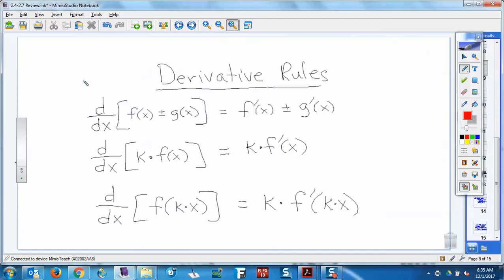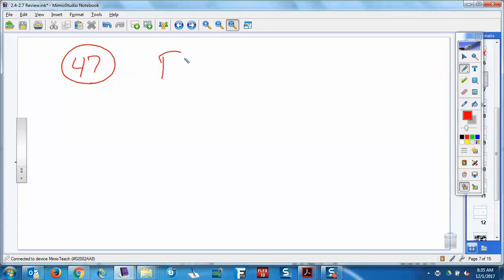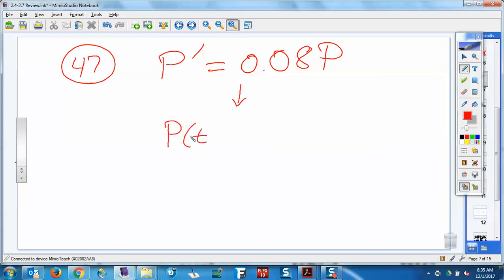So 47 says P prime, so the bank has 8% interest, and that is fulfilled by this differential equation. As soon as you read that, you know that the solution to this is A, E, what's K? 0.08 T. And you know that because this is the differential equation we're memorizing.